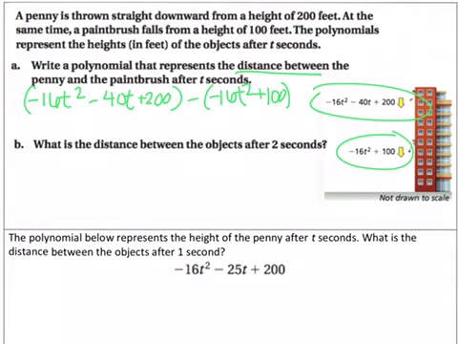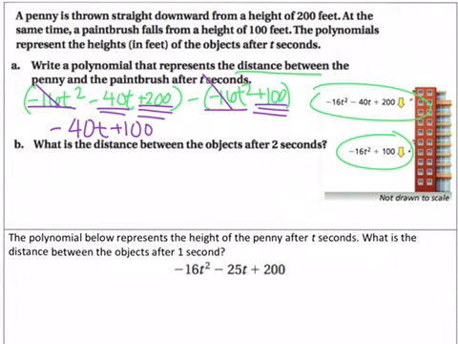So we combine our like terms, and I see that I have my t squared, I don't have any t by itself, but I do with my constants, my regular numbers. So negative t squared minus a negative t squared, they cancel out. Negative 40t minus nothing, so we have negative 40t. And then 200 minus 100 is a positive 100, and that's the difference.